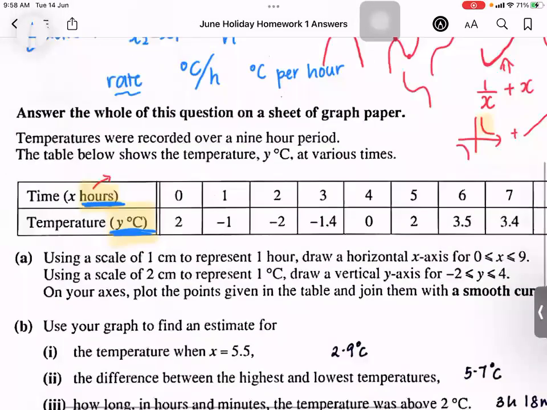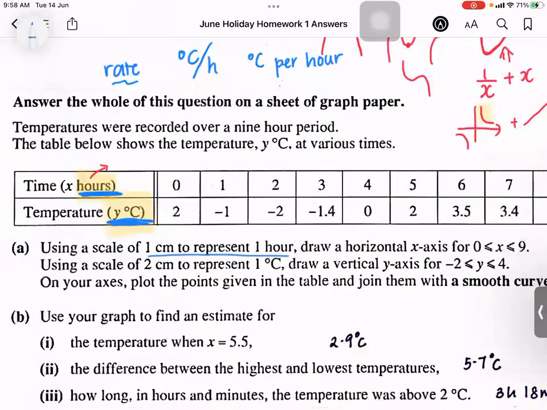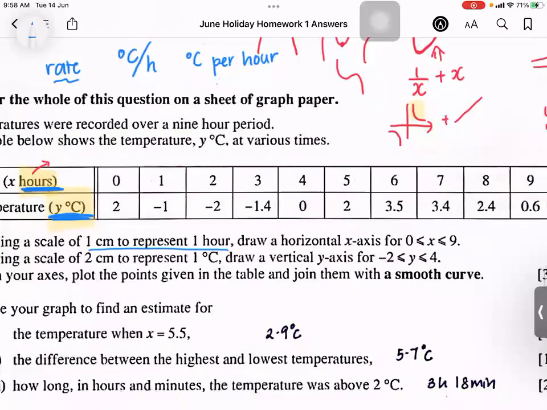Next part, using a scale of 1 cm to represent 1 hour. This one, please be careful when drawing your units, and they give you a scale 0 to 9. Now, the newer versions of the graph, because this one I took from an older paper, you still need to draw on graph paper. The newer versions will now give you the graph axis grid printed in black and white, no longer your green color graph paper.